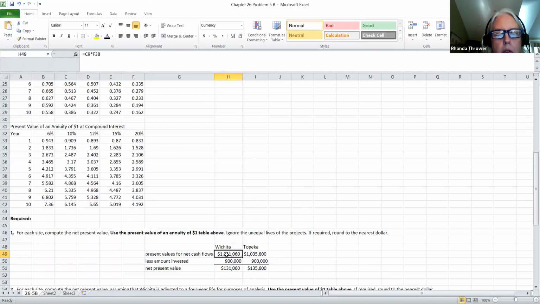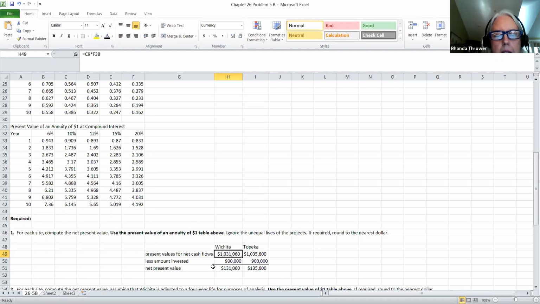So when you're using the annuity table, you simply multiply the annuity amount for 1 year times the table value amount for the useful life, which was 6 years at 20%, which is 3.326. When you multiply those out, it'll give you the present value of the Wichita restaurant.